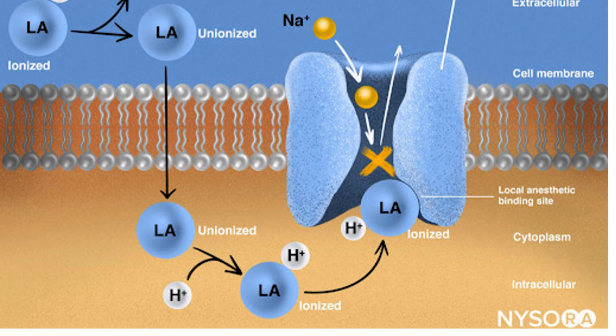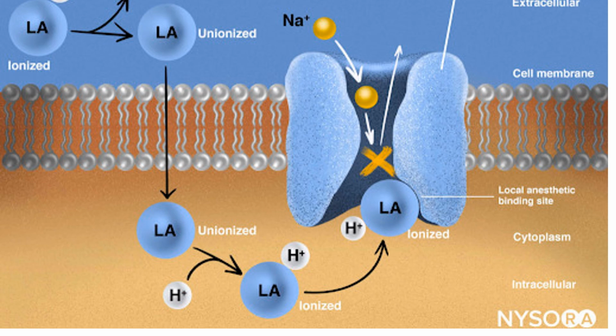Once it crosses the lipid bilayer, it combines with a hydrogen ion again inside the cell, so it becomes ionized again. This is the ionized form that basically blocks the sodium channel. So always remember, the unionized form crosses the lipid bilayer, while the ionized form combines with the sodium channel.